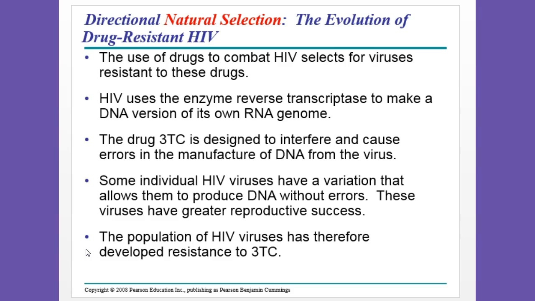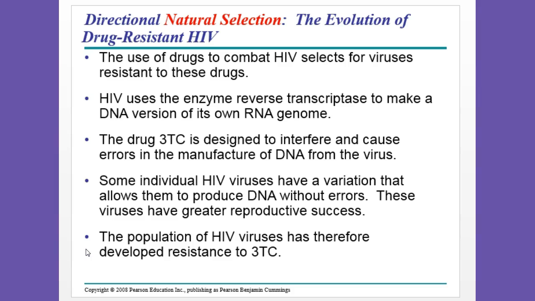The drug 3TC is designed to interfere and cause errors in the manufacture of DNA from the virus. Some individual HIV viruses have a variation that allows them to produce DNA without errors. These viruses have greater reproductive success. The population of HIV viruses has therefore developed a resistance to 3TC.